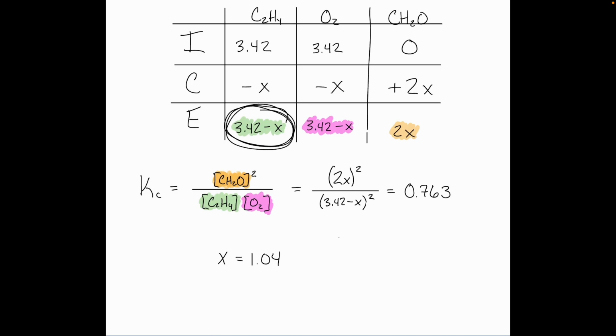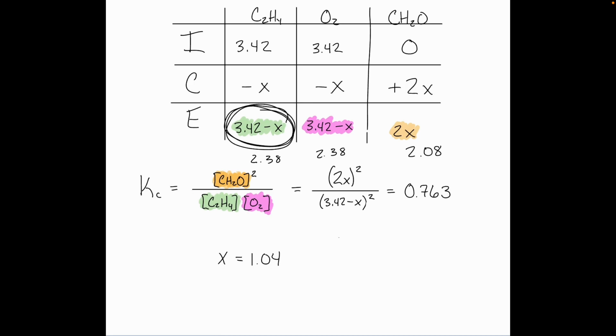So 3.42 minus my 1.04, or 2.38. Same thing over here. And then what would be the concentration of my product at equilibrium? 2 times x, right? So the 2.08 molar.